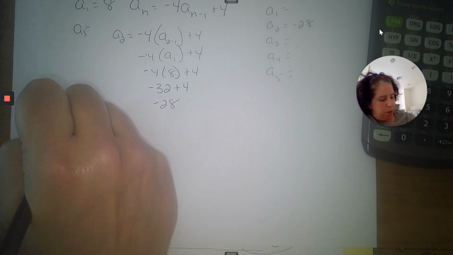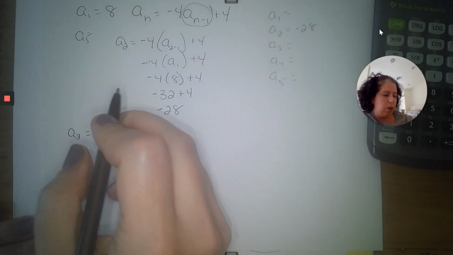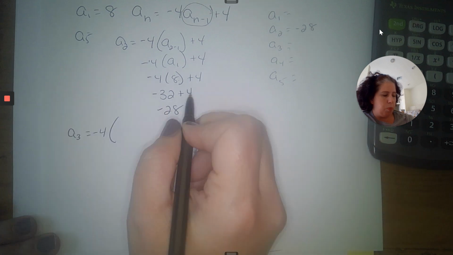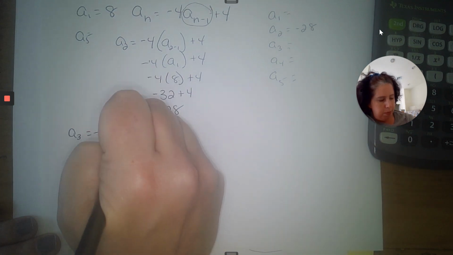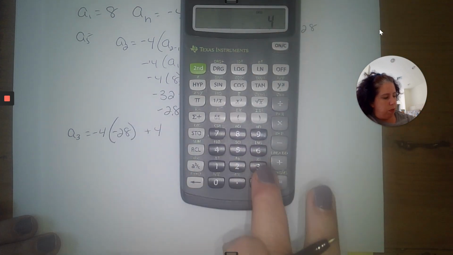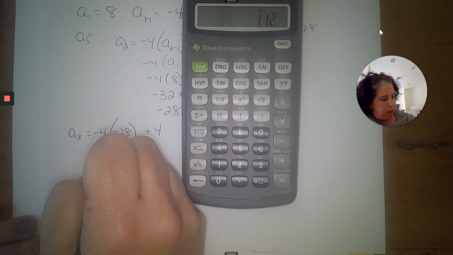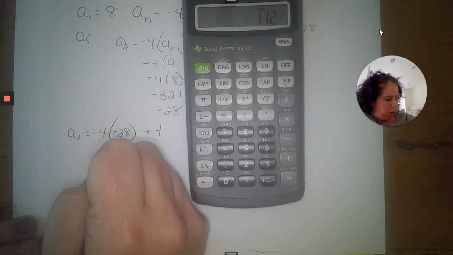Okay, then we're going to do A3, right? So again, you can shortcut it. This means take the previous term. So you need negative 4 times the previous term, so negative 28, and then add 4. Okay, so negative 4 times negative 28, and that gives me 112, plus 4 gives me 116.